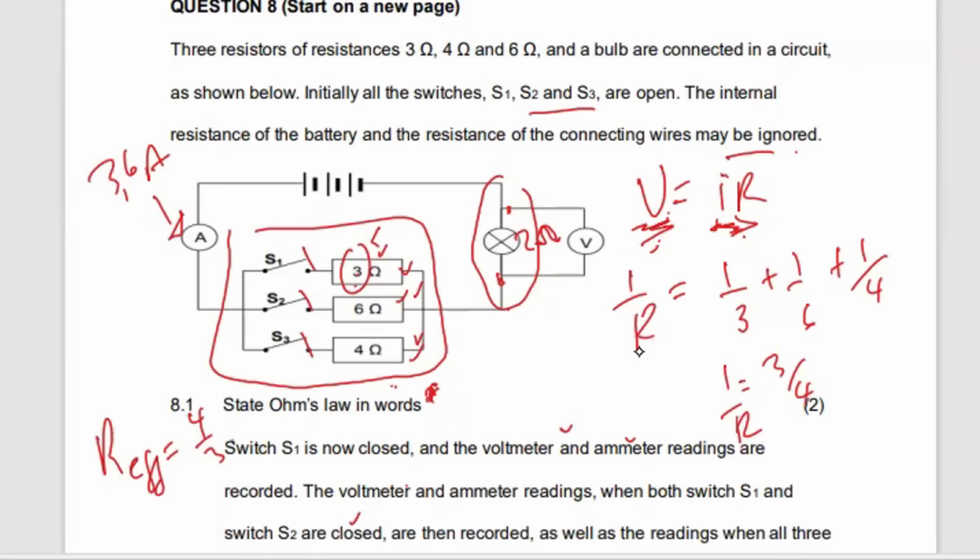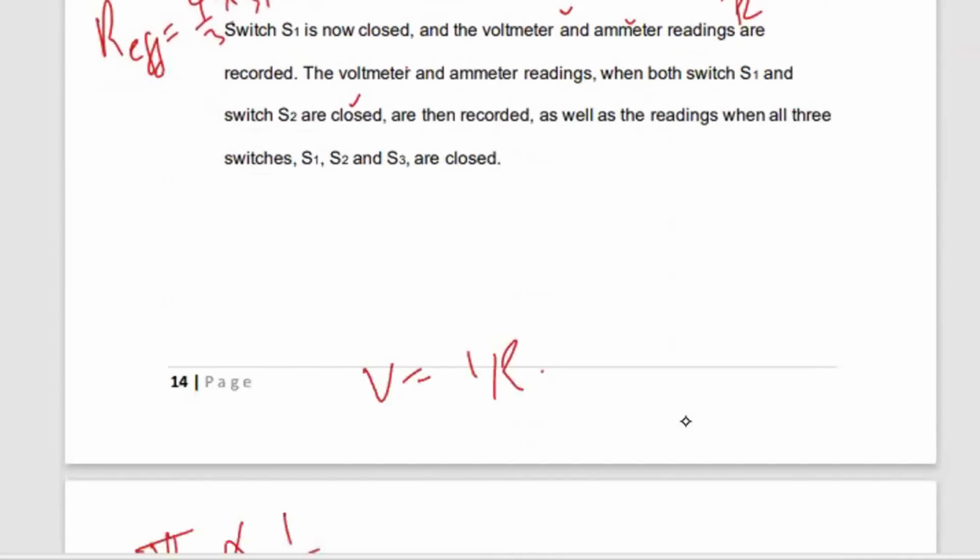So I can choose to multiply this by the current, which is 3,6. So voltage across the parallel is going to be 4/3 multiplied by 3,6. 4/3 times 3,6.